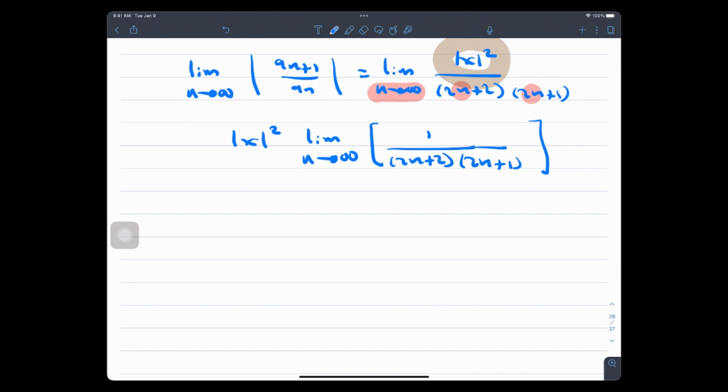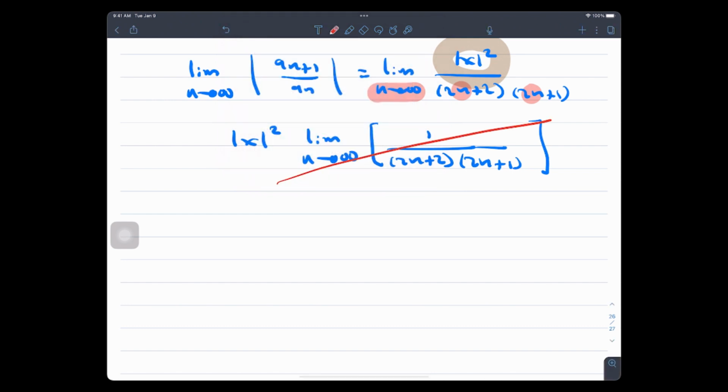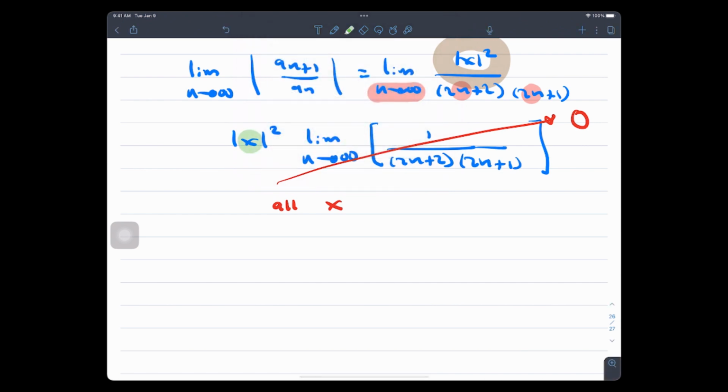So what does this limit here go to? Right? You guys took Calculus 1. What is this? 0. Is that true? Okay, now this is 0 for all what? For all x values. Is that true? So you say, what are you talking about? It doesn't matter what x is. That limit's still going to be what? 0. Is that true?